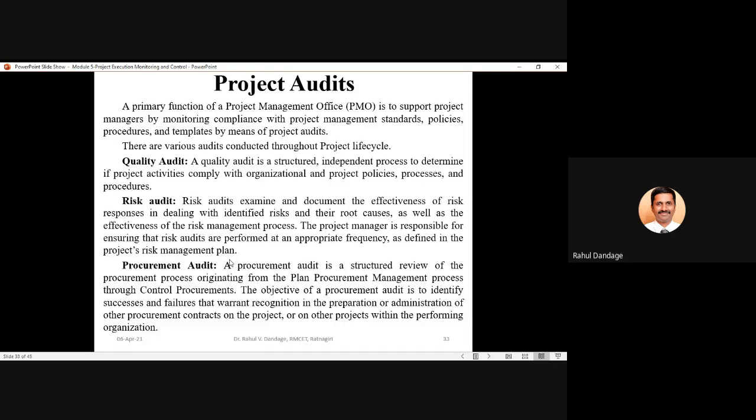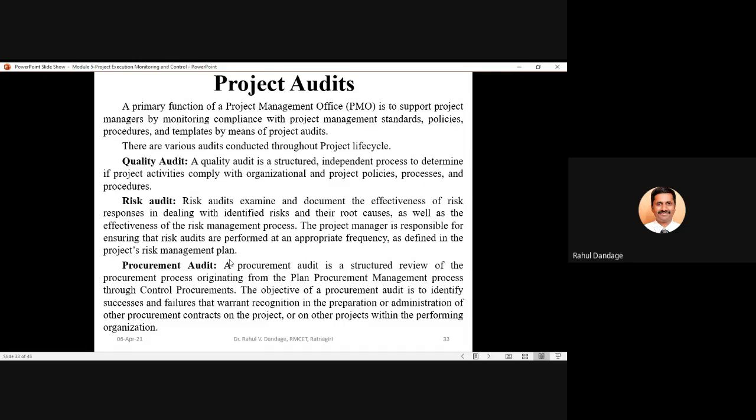That is very essential. How effectively you can respond to that risk gives you the essence of the success of your project. So the risk audit is nothing but determining the effectiveness of the various response strategies which are planned or suggested for any identified risk.